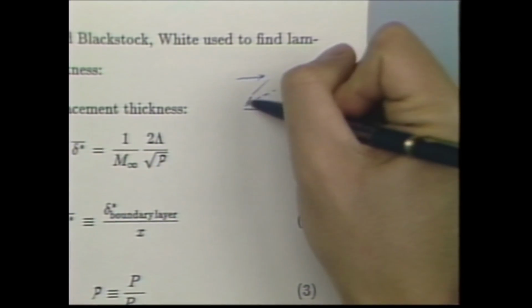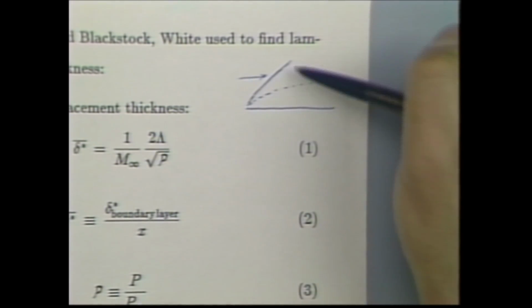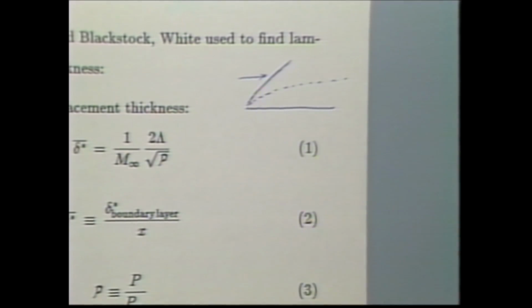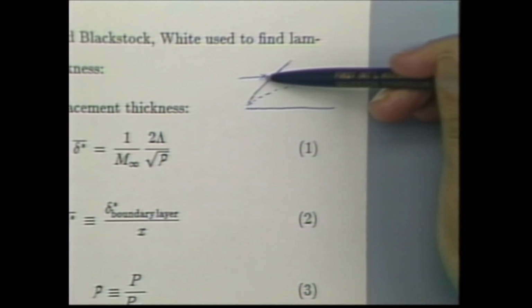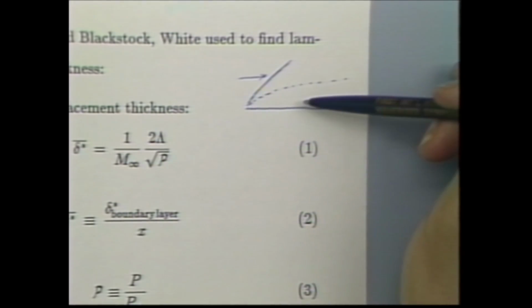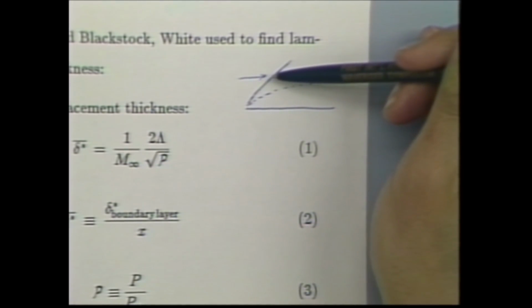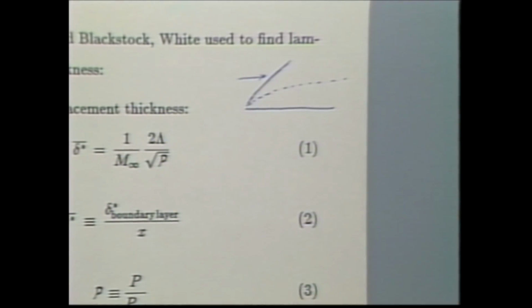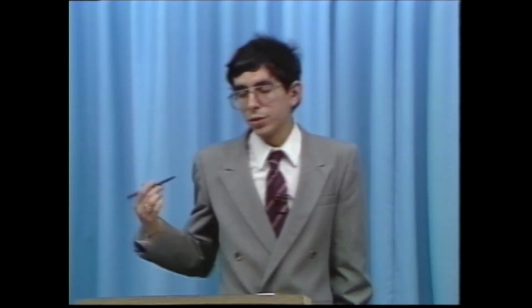And so we'll get a shock wave that responds to the curvature of the boundary layer displacement. Now remember that the strength of the shock wave sets the thickness of the boundary layer. Well, the thickness of the boundary layer is setting the strength of the shock wave. Thicker boundary layer, more curvature in the boundary layer, looks like a blunter body. Stronger shock, higher pressure ratio, thinner boundary layer. It's a strongly coupled problem. And that's what we mean when we talk about the strong interaction regime.